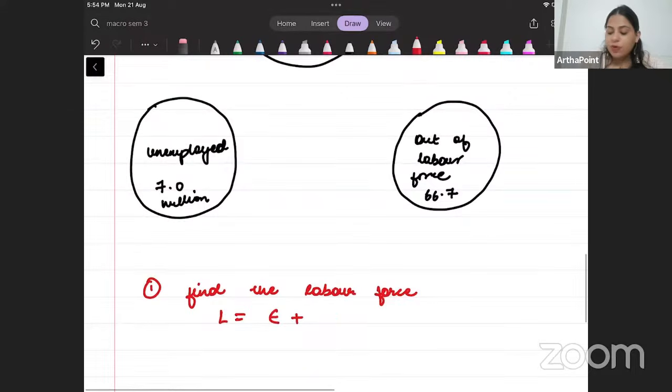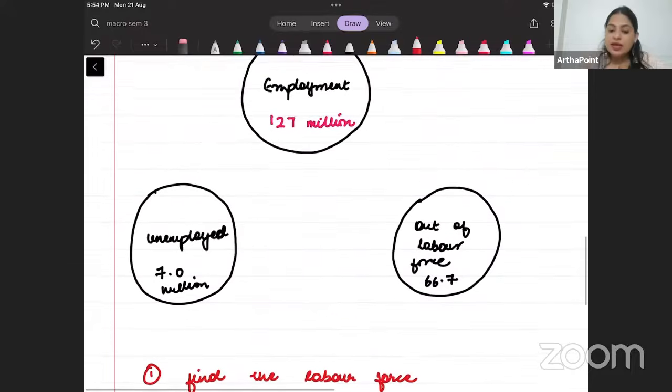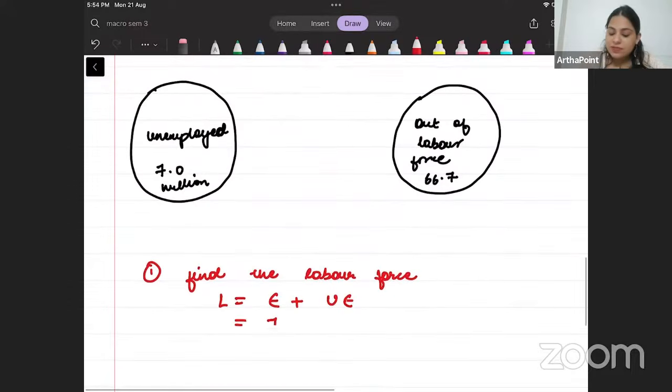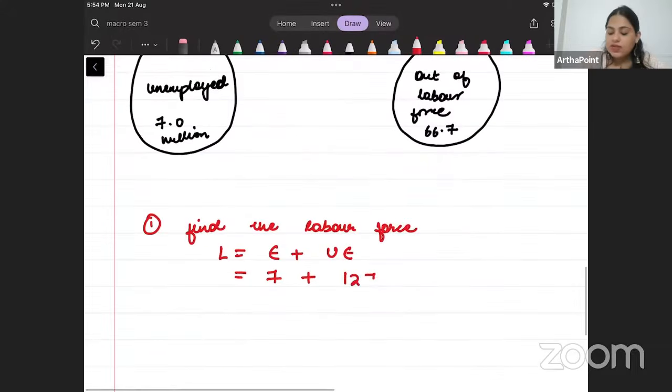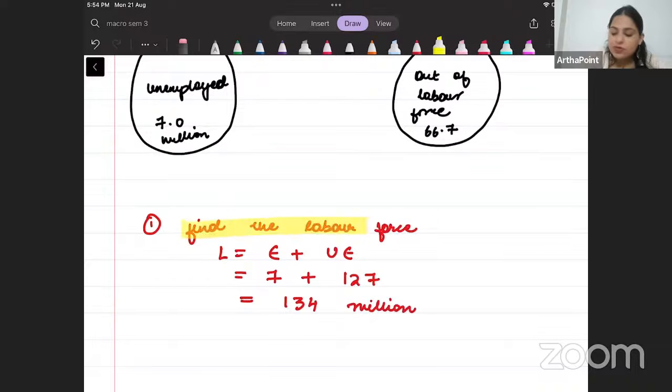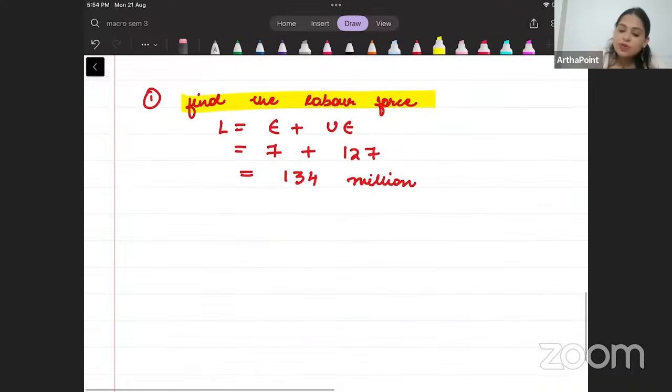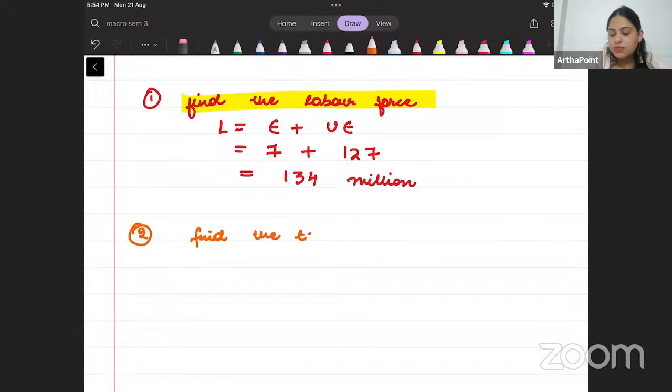L will be employed plus unemployed. Unemployed will be 7. And employed will be 127. So I will get this as 134 million. That is going to be my labor force. Now, suppose I ask you question number 2. Find the total population.